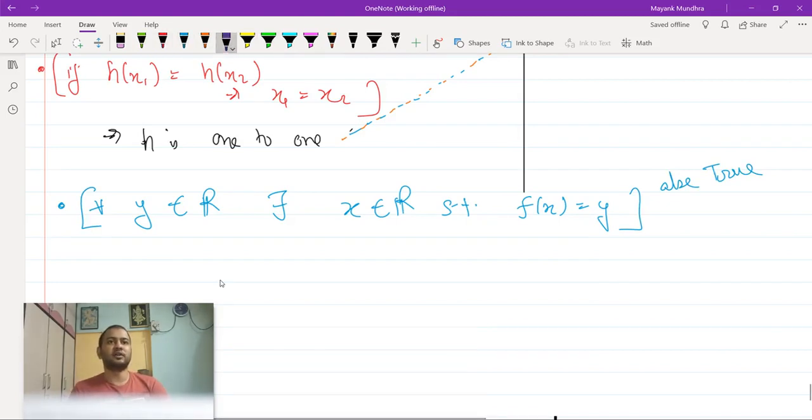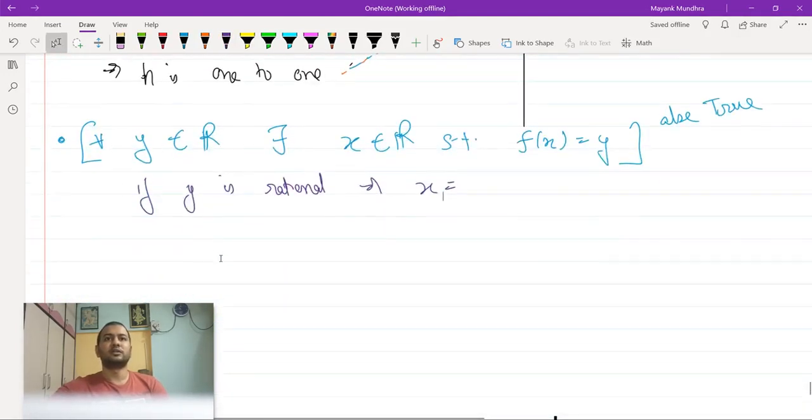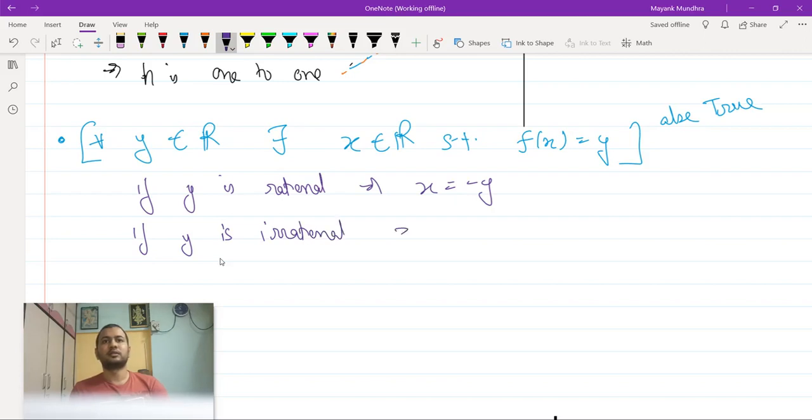If y is rational, then the x that I am looking for is going to be minus y, and if y is irrational, then the x that I am looking for is going to be y itself.